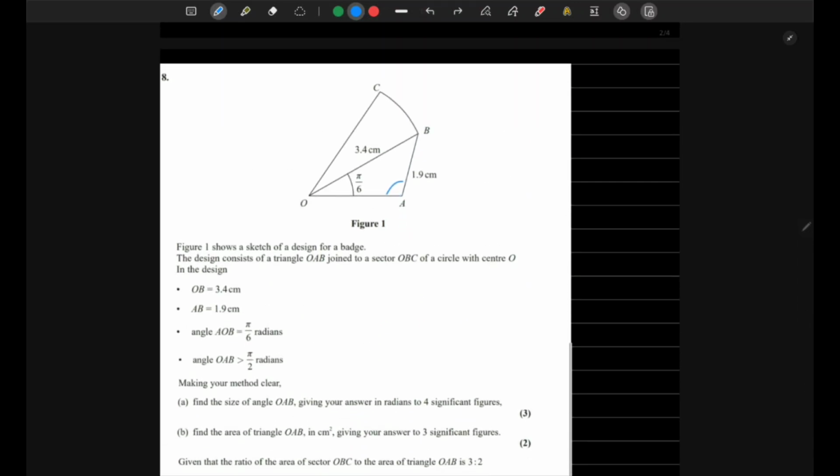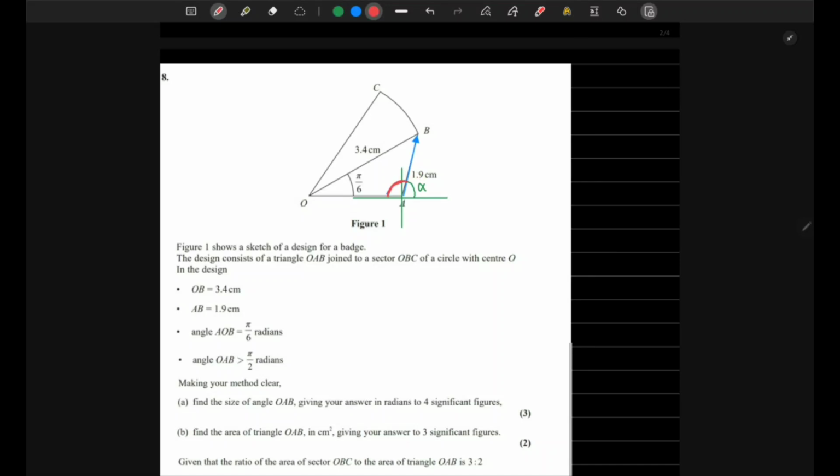If you make the grid here, you can clearly see that the angle you found is this angle alpha, but the original angle that you need to find is this angle.